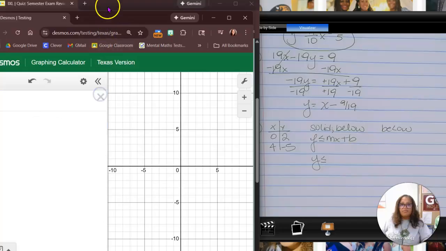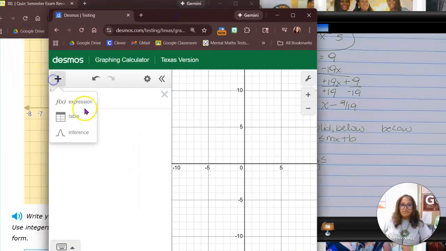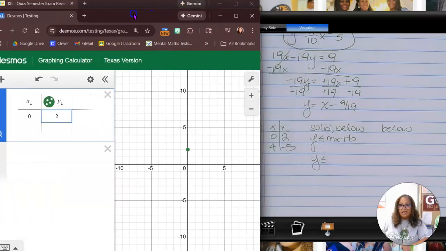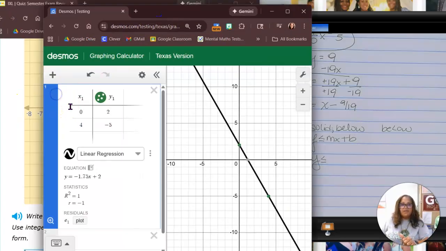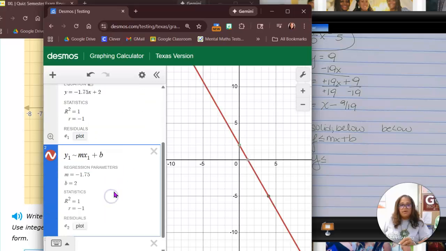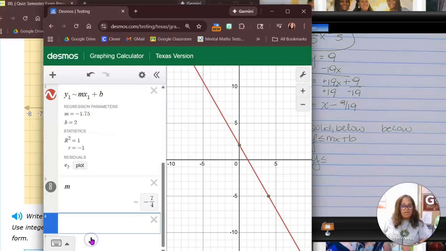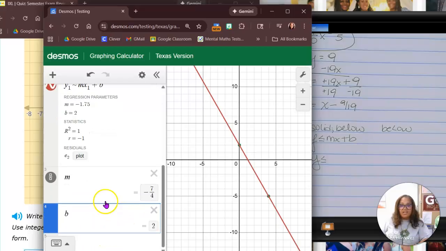You're going to create a table in Desmos: 0, 2, and 4, negative 5. And then you're going to hit your regression button. Always hit your 3 dots. Export. Find out what your m is as a fraction, and your b is just in case.